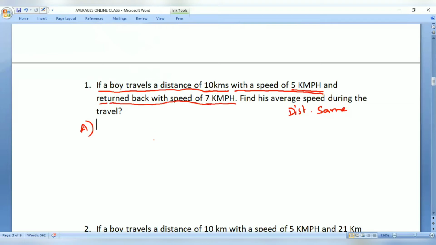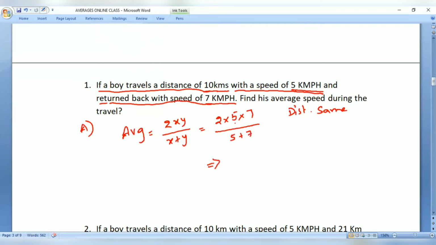So now, if you observe quietly, the distance is constant, and there are two different speeds. So what is the formula for average speed? That is 2xy divided by x plus y. So 2 into x, which is 5, the first speed. Then the second one, 7, divided by 5 plus 7.